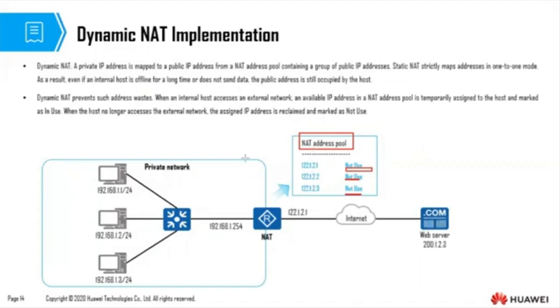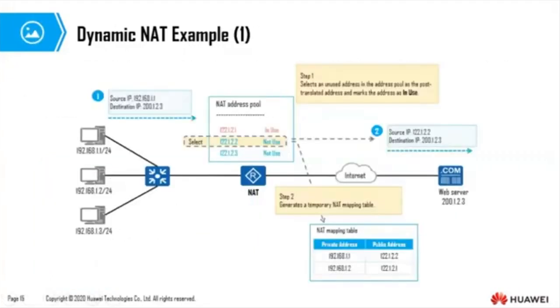So we have fewer public addresses compared to the number of internal hosts that we have. That is how dynamic NATing works, and therefore it is able to use these resources more efficiently. Okay, so let's see how it works here.